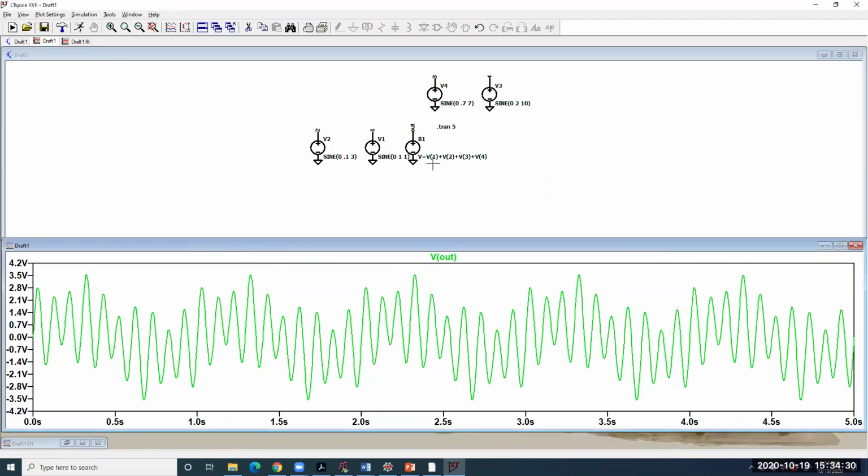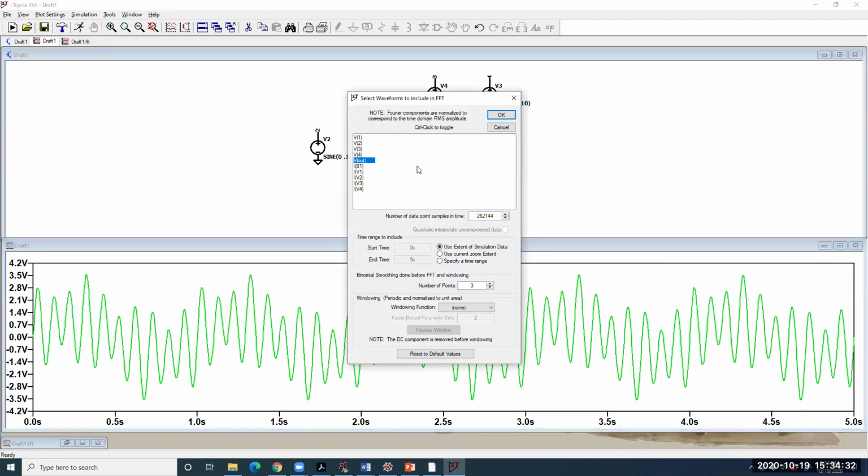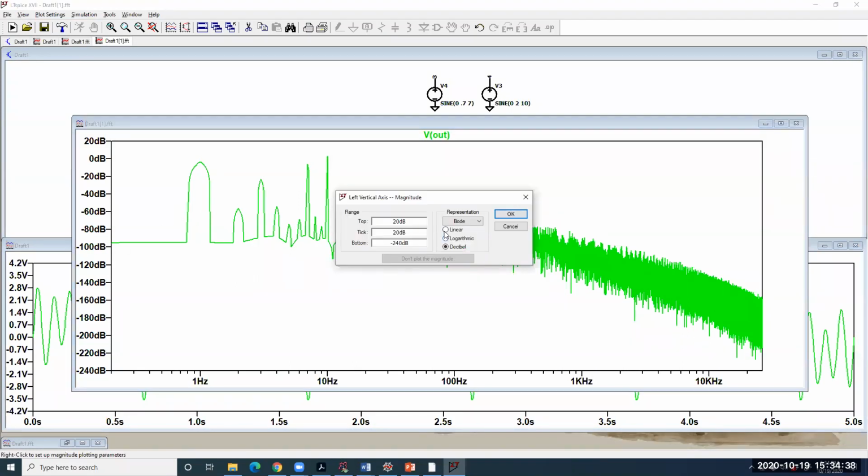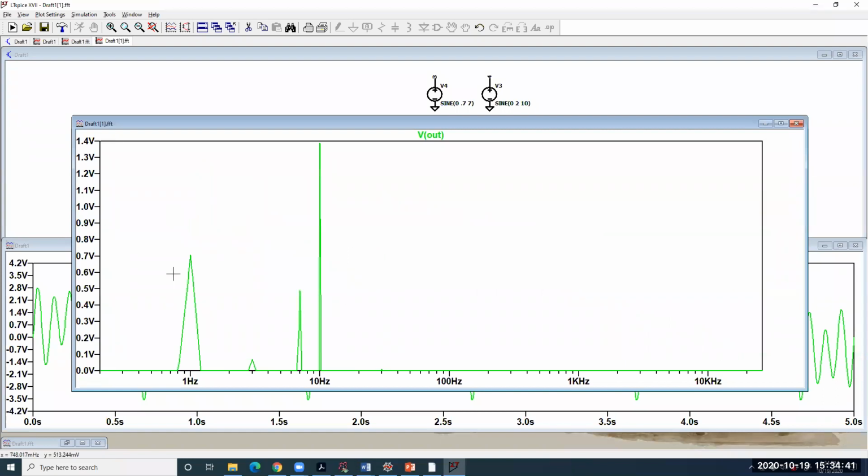I've summed it, so now if I do the fast Fourier transform of that, you can see the peaks are there. I can put it in linear, and you can see I have something at 1 hertz, something at 3 hertz, something at 7, and something at 10.